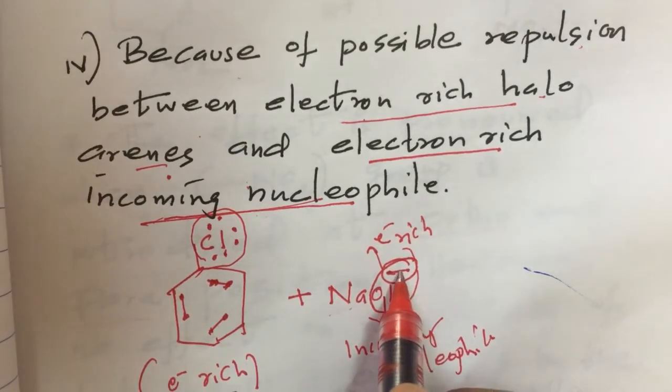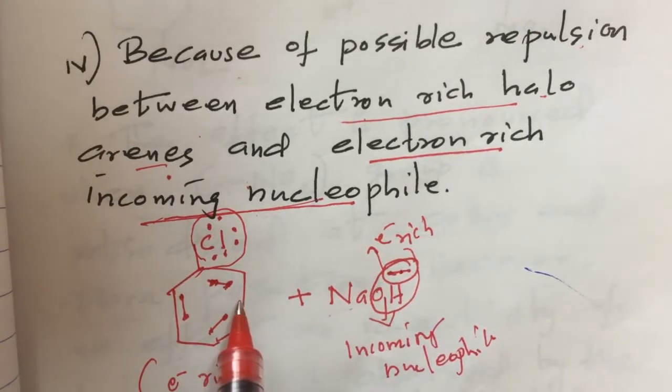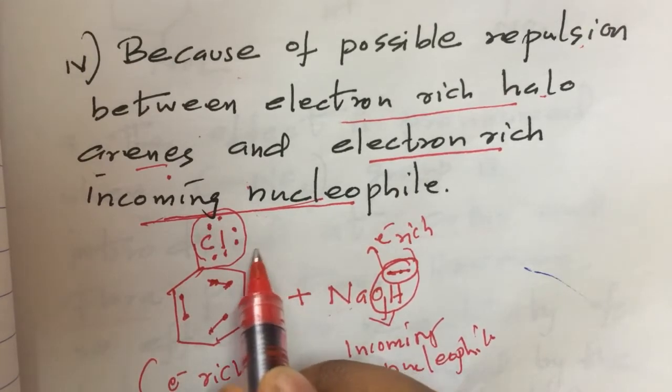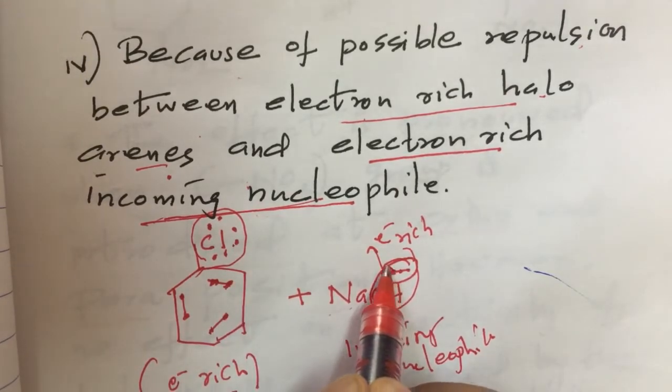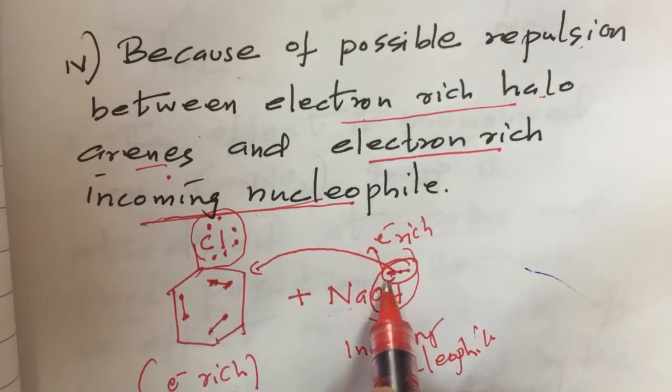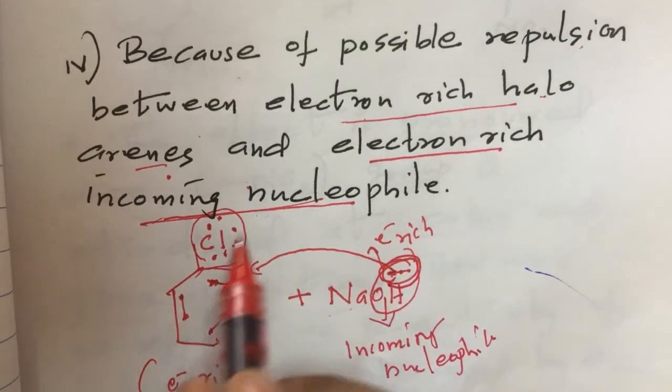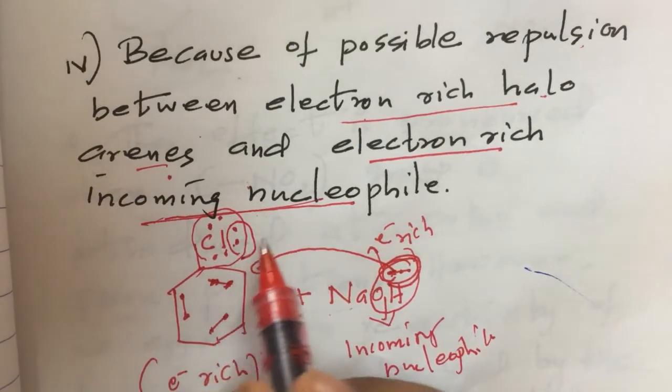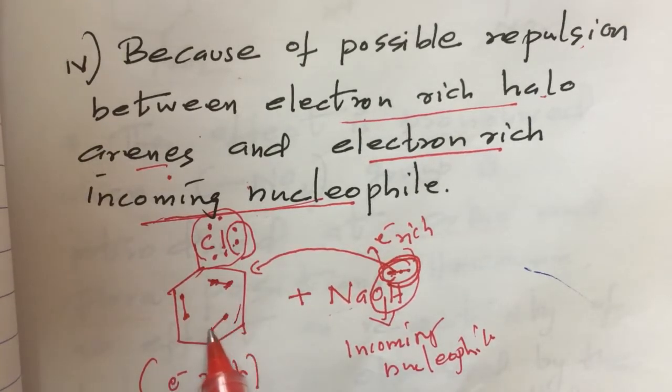And this negative charge and electrons present on the haloarenes will undergo repulsion. See, when OH minus attacks haloarene, there is a repulsion between electrons from OH negative and electrons present on the chlorine as well as on the ring.